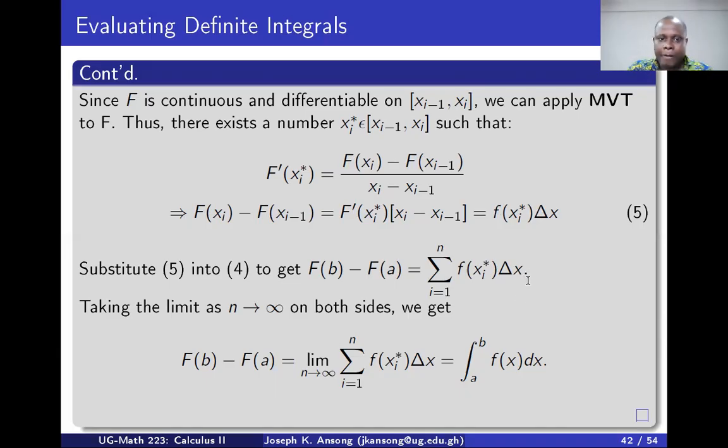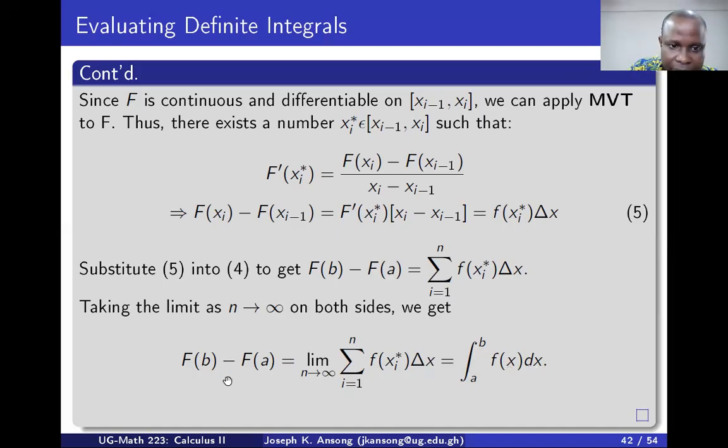Now you can take the limit as n goes to infinity. The left-hand side has no n, so it remains as such. The right-hand side gives you the limit as n goes to infinity of this summation. But we recognize this: this limit is the definition of the definite integral. So this is equal to the integral from a to b of f of x dx.